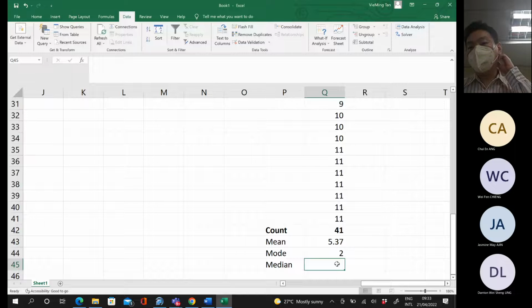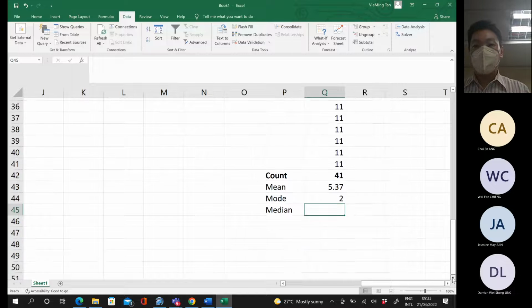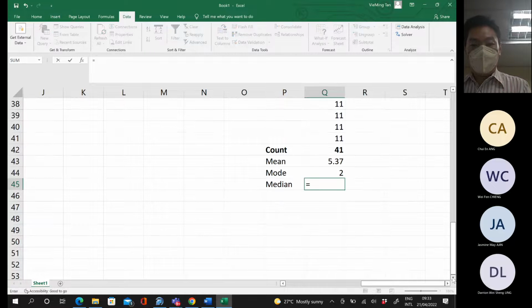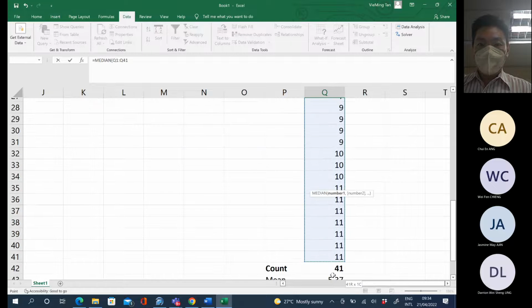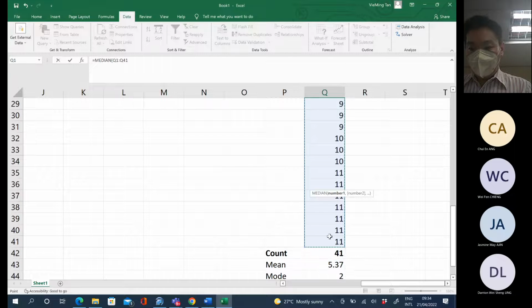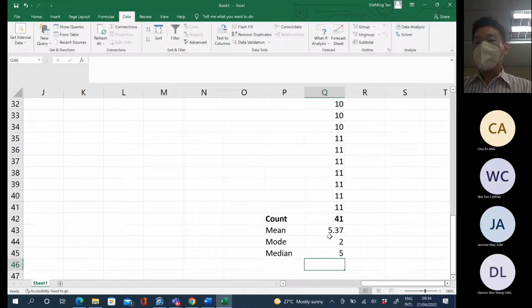Now median, equal median. So it's 5. The middle number of this 41 cell data is 5. That means 5 is in the middle location among this 41 data.